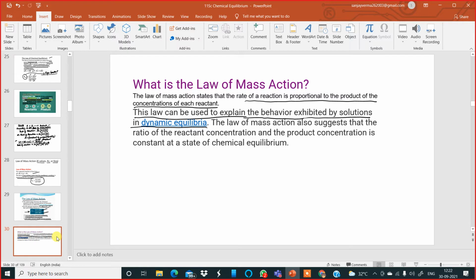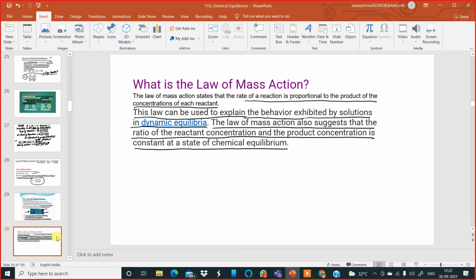That means at any instant of time the reactant is becoming the product, and the product is becoming the reactant. This law also suggests that the ratio of the reactant concentration and the product concentration is constant at a state of chemical equilibrium. So this is what you are supposed to understand.